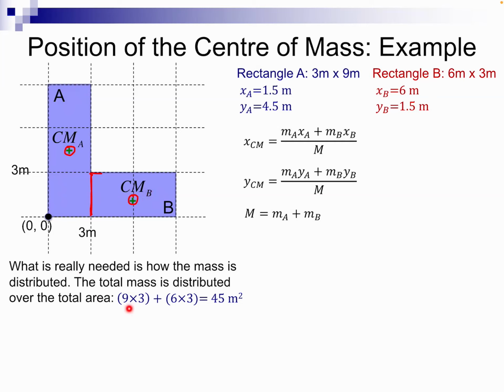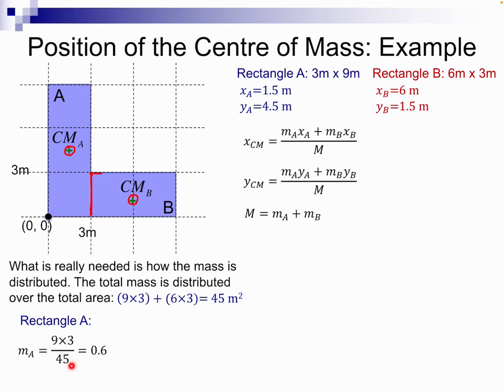So the total area is 45 square meters, taking the area of rectangle A and adding that to the area of rectangle B. The mass for each rectangle should be proportional to how big the rectangle is. Right? So the amount of mass in rectangle A should be a proportion of the area of rectangle A to the total area of the extended object.